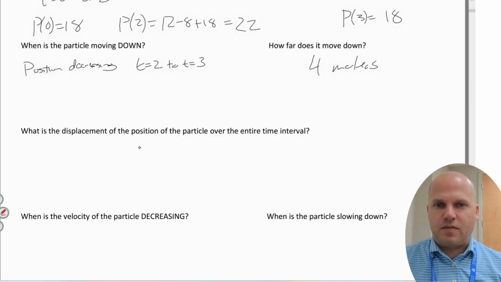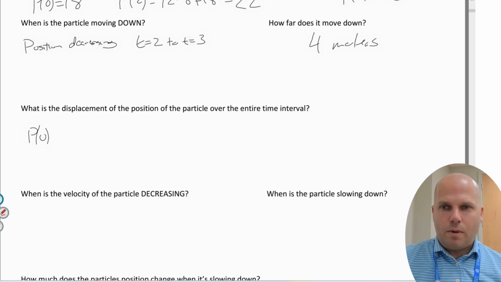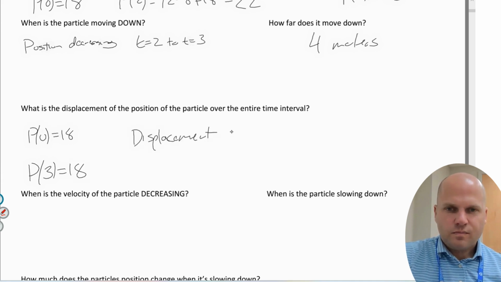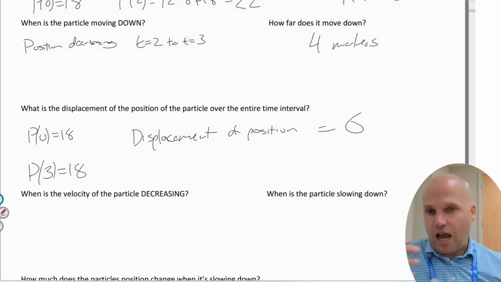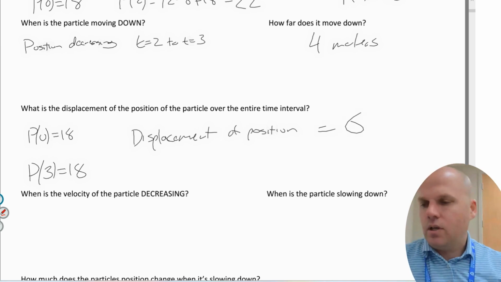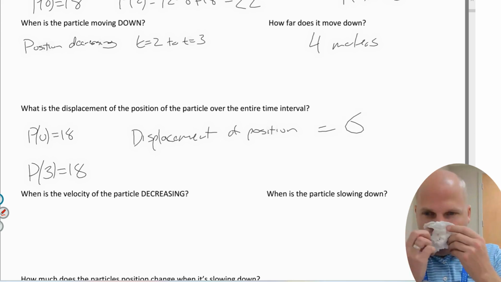What is the displacement of the position of the particle over the entire interval? Well, my position started at 18. My position ended at 18. Overall, I have a displacement of 0. My change of position is 0. I ended up exactly where I started. I moved, but I went up, then I went down.